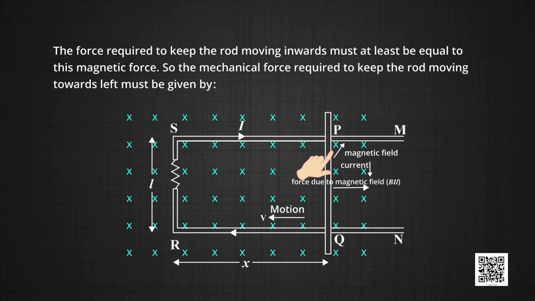So, the mechanical force required to keep the rod moving towards the left must be given by F, which is equal to BIL.